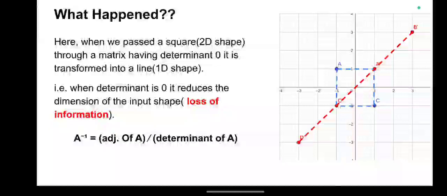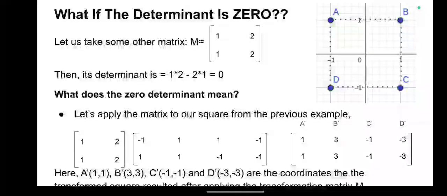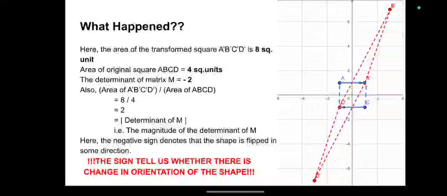And the same is the case with A inverse. Previously, we had seen that we could take a shape and transform it into another 2D shape. In this case, since our determinant is not 0, a certain matrix exists, which is A inverse, the inverse of the matrix. So the inverse of a matrix can be used to get the original values using the output values.